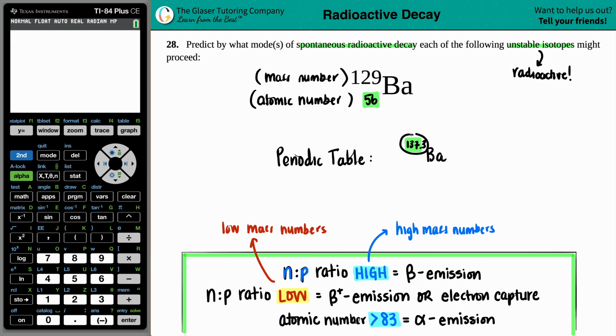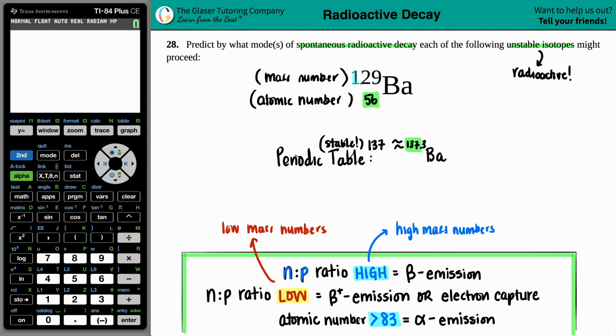Round this to the nearest whole number. This is the average of all the isotopes of barium crunched together. On average, 137 is roughly the stable form of barium. Barium generally would want to be close to 137 as its mass number. This would be stable.